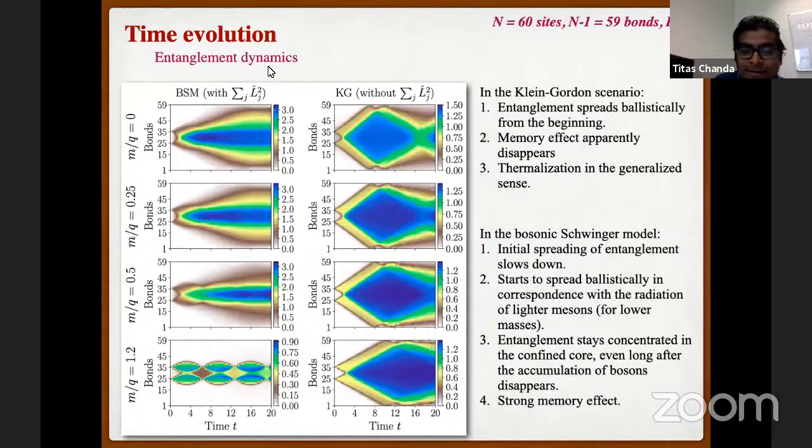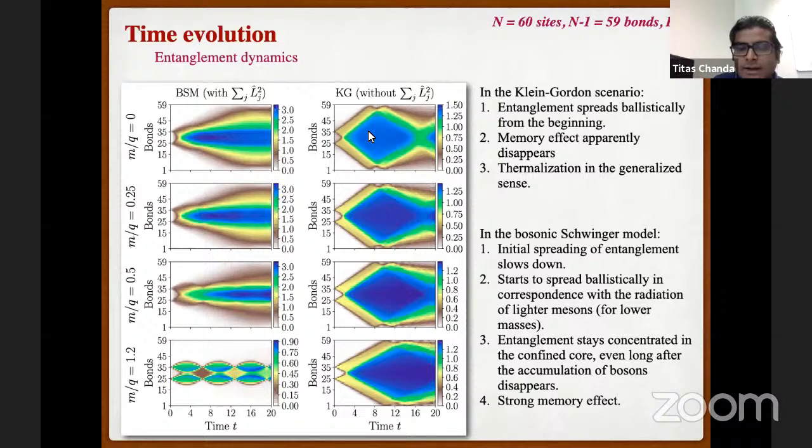So the entanglement dynamics is also interesting. Here we measure the entanglement entropy at every bond. This is for our Bosonic Schwinger model, and this is the Klein-Gordon model, which is solvable without this confining potential term.